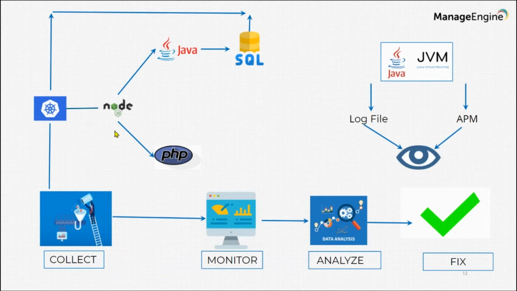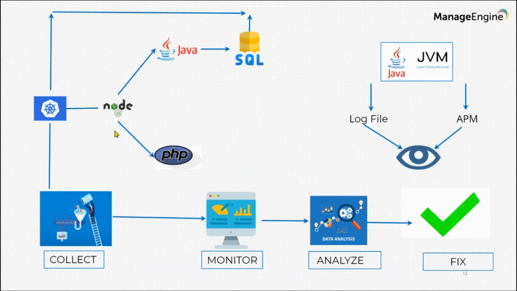You have a JVM, and this JVM outputs the log file to a specific location, and you have an APM solution which takes the log file and gives you a very simple way of monitoring just by analyzing the log file.